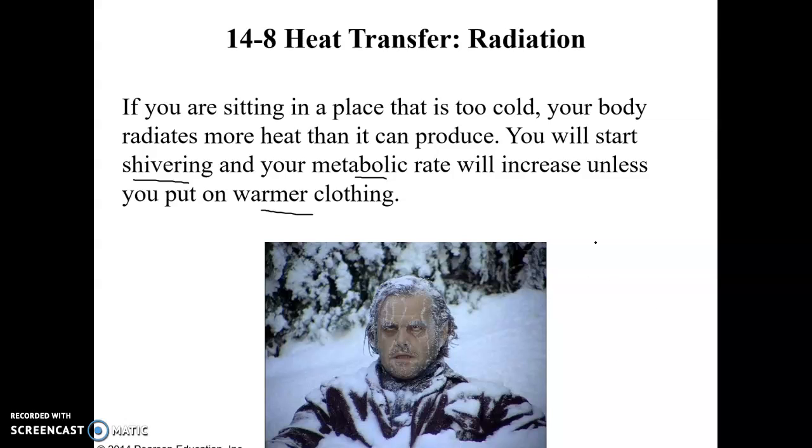Another thing you may have seen is runners at the end of a marathon being covered in mylar, and that is a very shiny material which would have a very low emissivity to reflect in the heat that would otherwise be radiated out of the person.